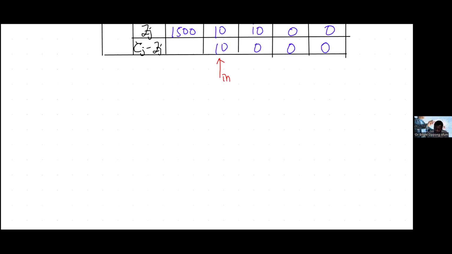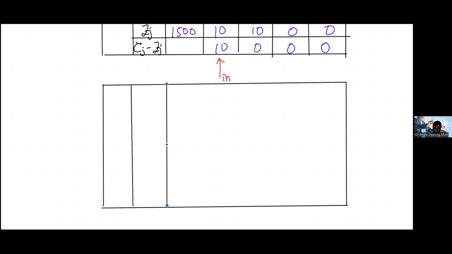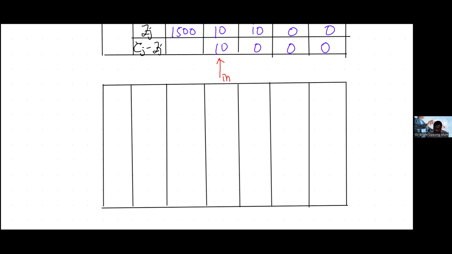So we draw this tableau. The next iteration, we have this tableau. CJ, CB, the bases, the BIs are here. First X1, second X2, then S1, S2.